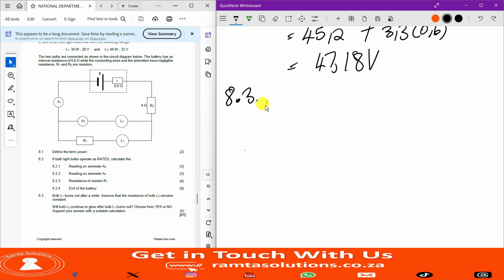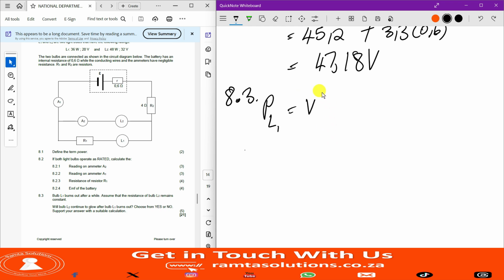We're going to say power rating of L1 equals... what do we need? We're not going to use VI now. But even if we use VI, will it help? Yes, using VI will help.